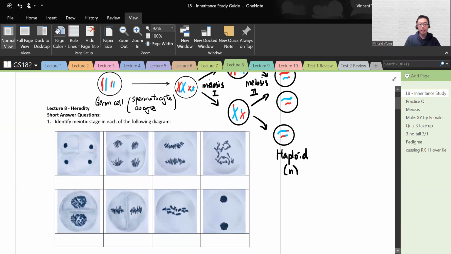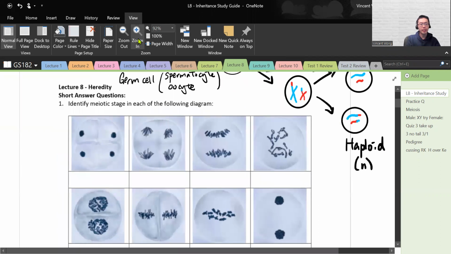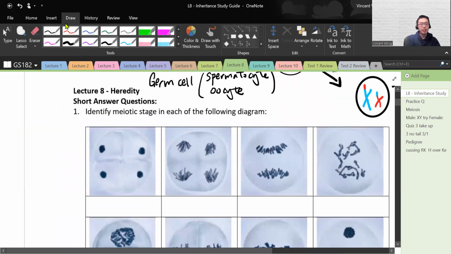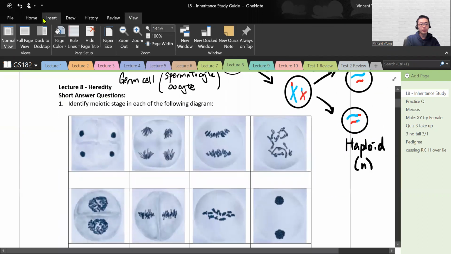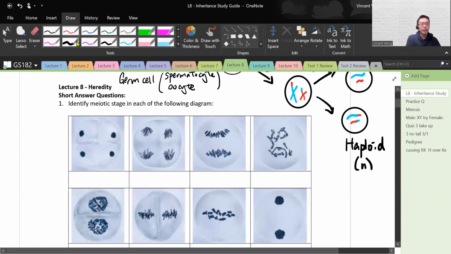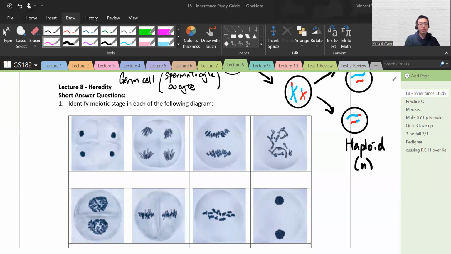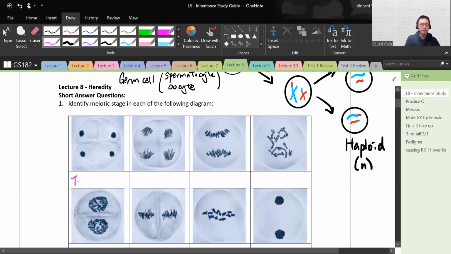Now let's take a look at these pictures and see if we can identify some of them. So the first one here, we can actually see there are 4 cells. That means you have gone through 2 separate divisions already. And so this is going to be telophase 2.